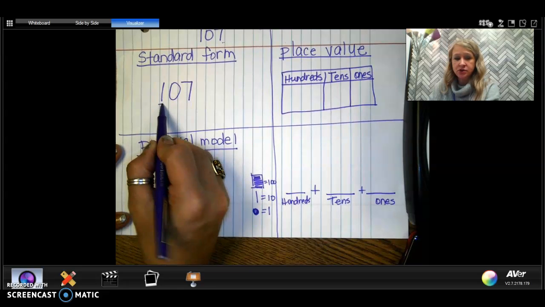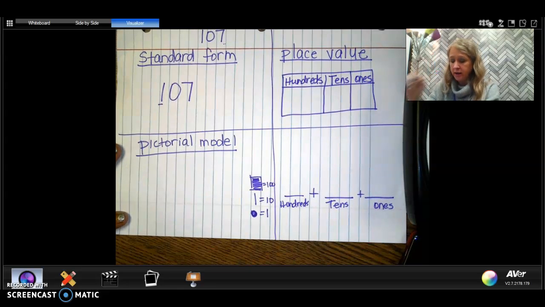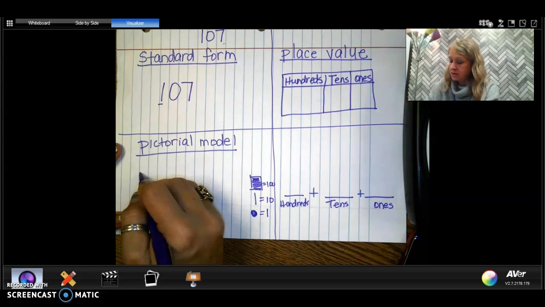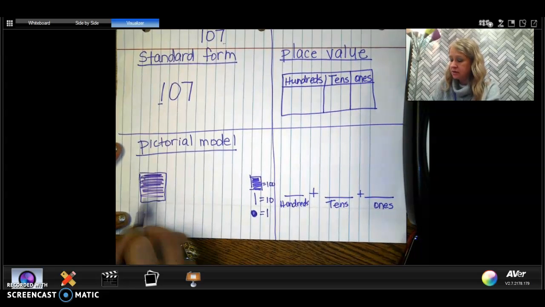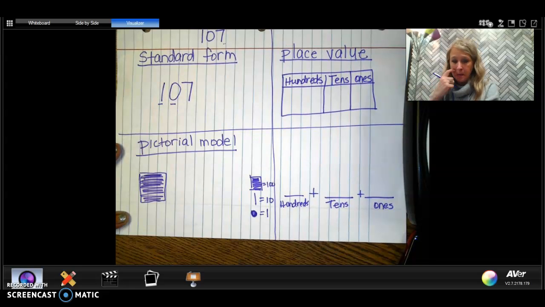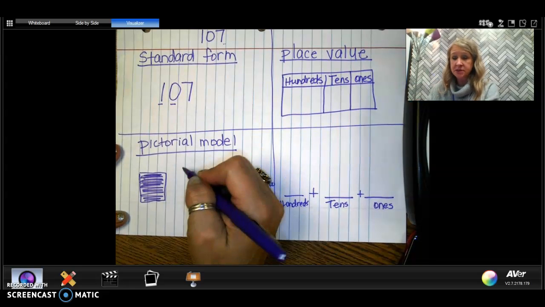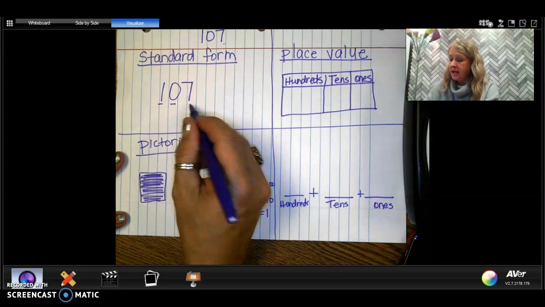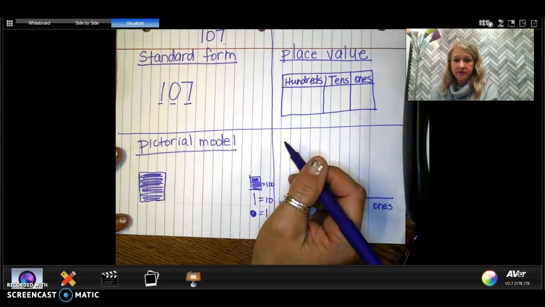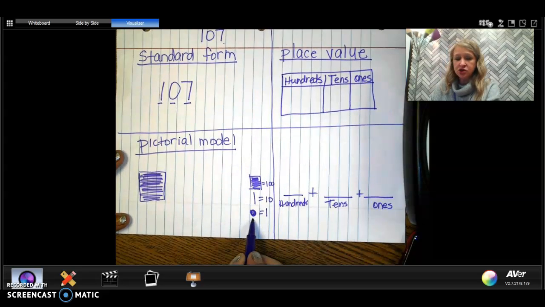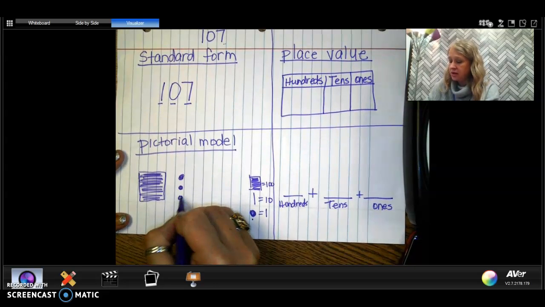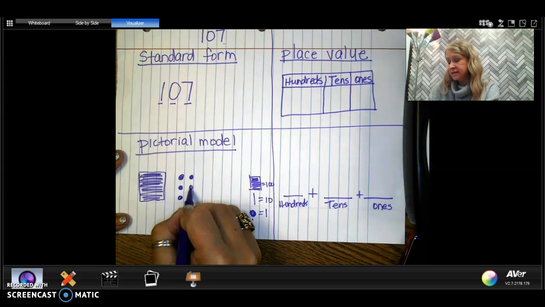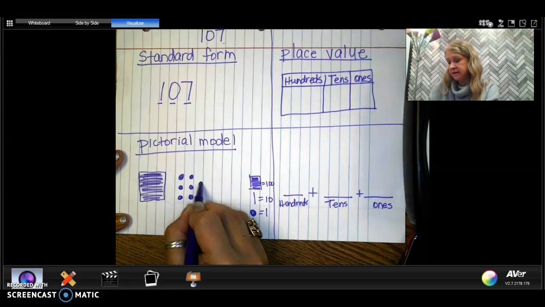How many hundreds do I have? 1. So I'm going to draw 1 big square. That's 100. How many tens do I have? 0. So I'm not going to draw any tens. How many ones do I have? 7. So I'm going to draw 7 ones. 1, 2, 3, 4, 5, 6, 7.